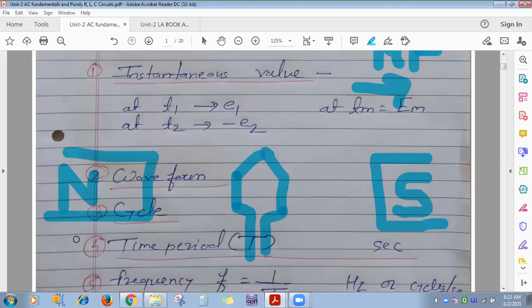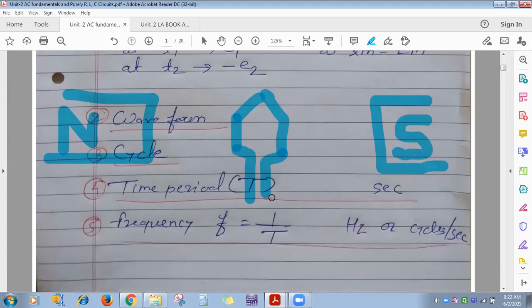Either the field should be rotating or the conductor should be rotating. If the field is stationary and the conductor is stationary, then d phi by dt will be 0. No rate of change of flux, so no EMF will get induced in the conductor. So what I told you, what is the input to the generator? Which type of input do we give to the generator?